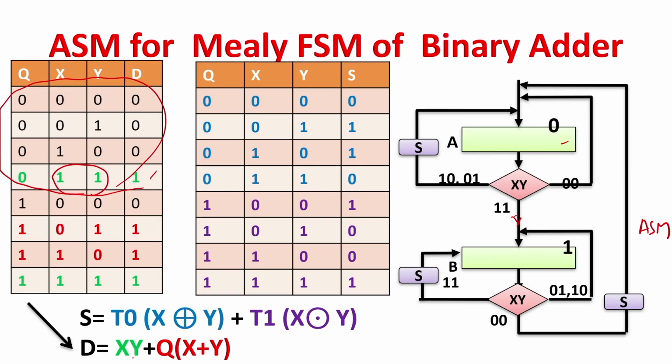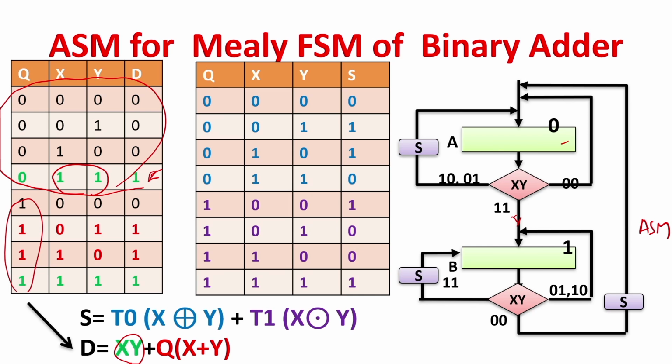So, this corresponds to this green one. For state 1 cases, for which cases are we going to the next state, the D value next state?